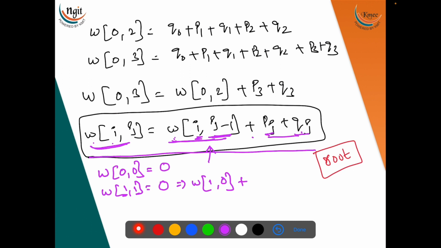What is p j? p j is the probability we will be given. That's what I gave in the definition of OBST in the last slide. In an OBST example, we will be given the keys and the probabilities. Only then is it possible for us to generate an optimal binary search tree such that the cost will be the minimum. Fine. Now according to this we'll move a bit further.